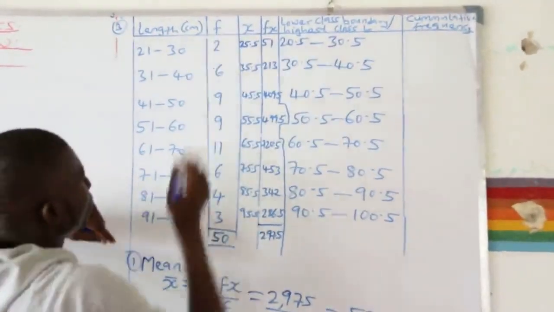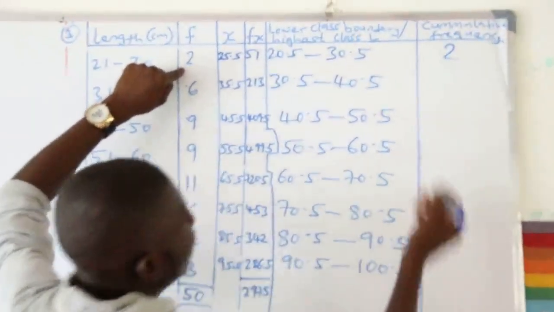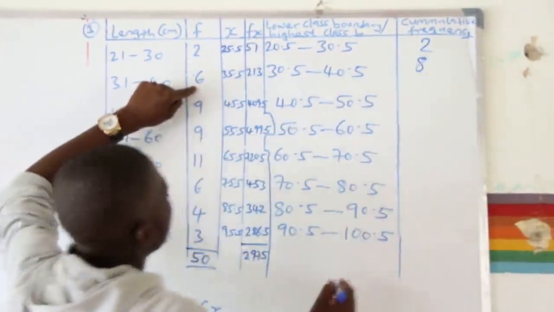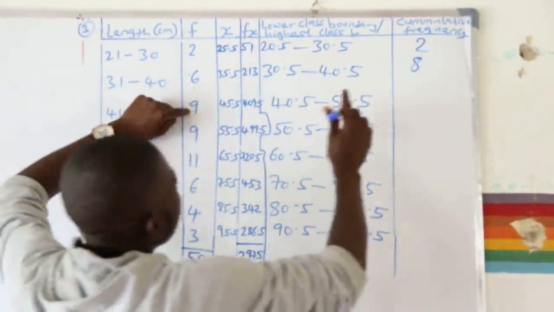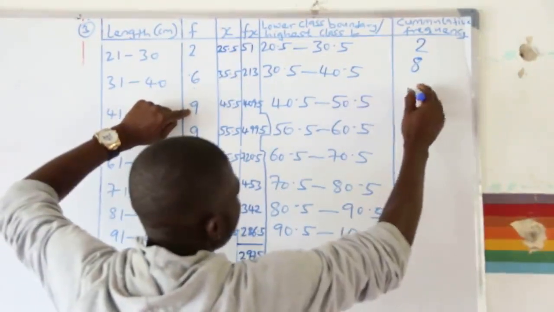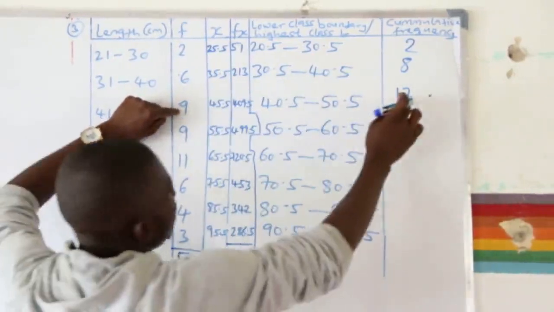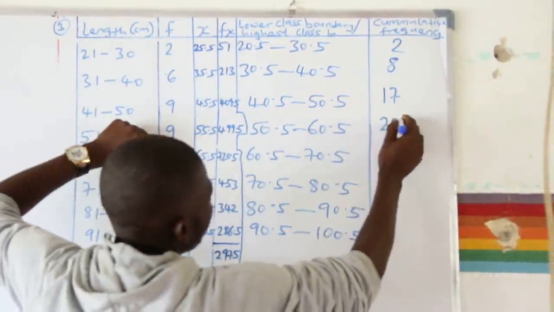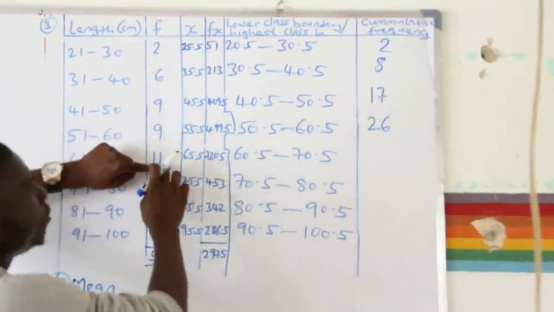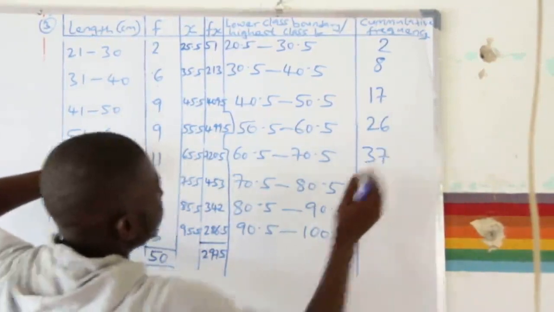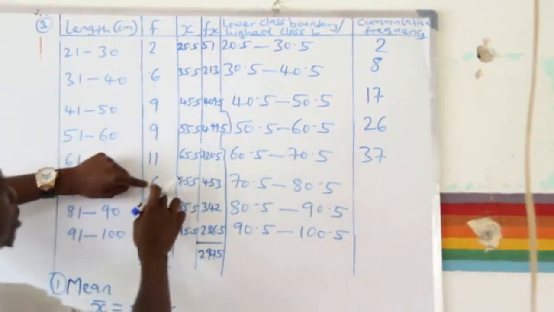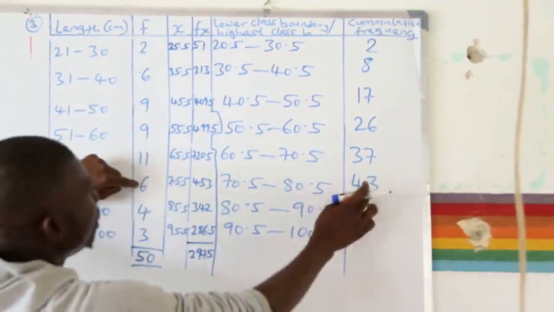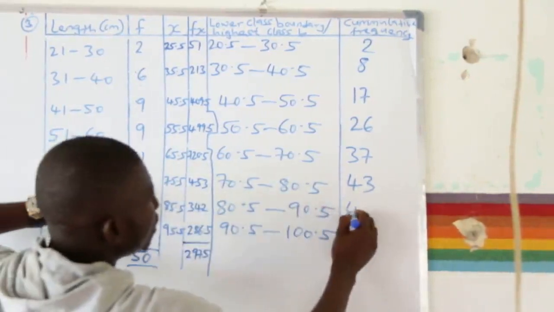You first start with 2. Now you bring down your 2 here. Now you continue to add. 2 plus 6 gives us 8. 8 plus 9 gives us 17. 17 plus 9 will give us 26. 26 plus 11 will give us 37. 37 plus 6 will give us 43. 43 plus 4 will give us 47.